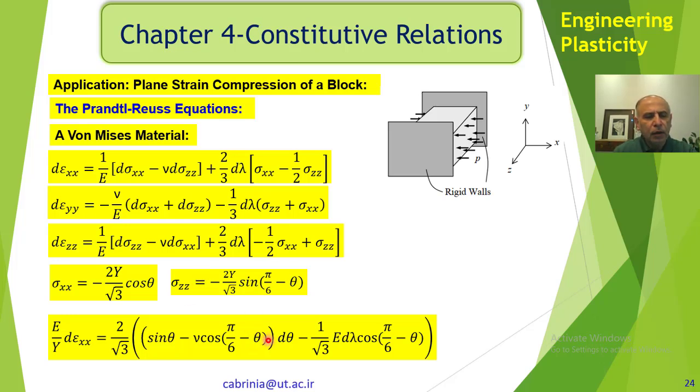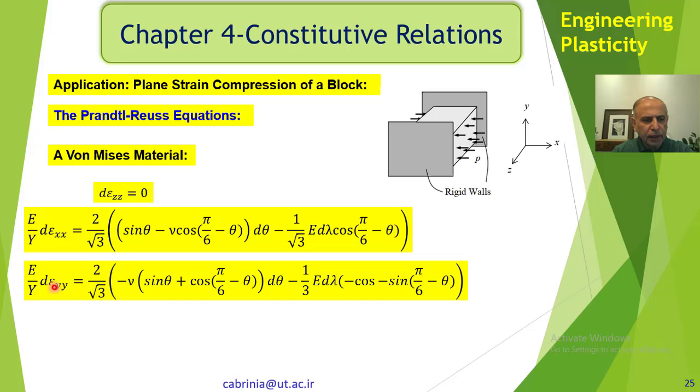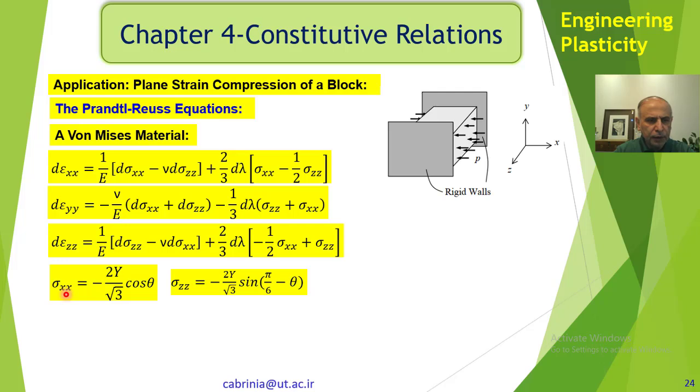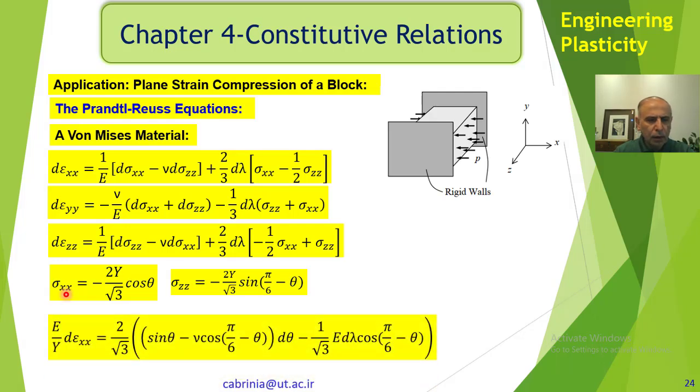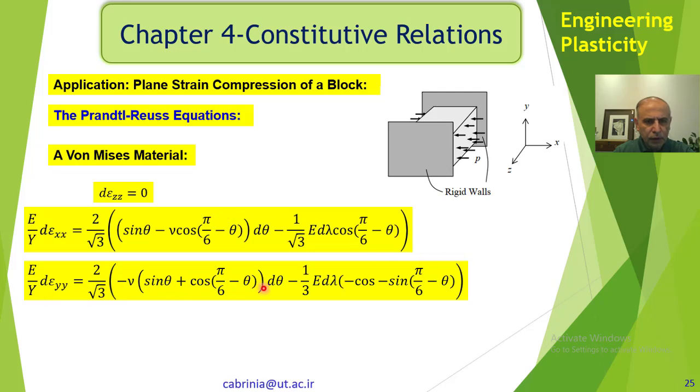It's easy. So I get a relationship for d epsilon XX in terms of this. Of course I have this d lambda which is unknown. Similarly, I can get a value for d epsilon YY from here, by substituting for sigma XX and sigma ZZ.